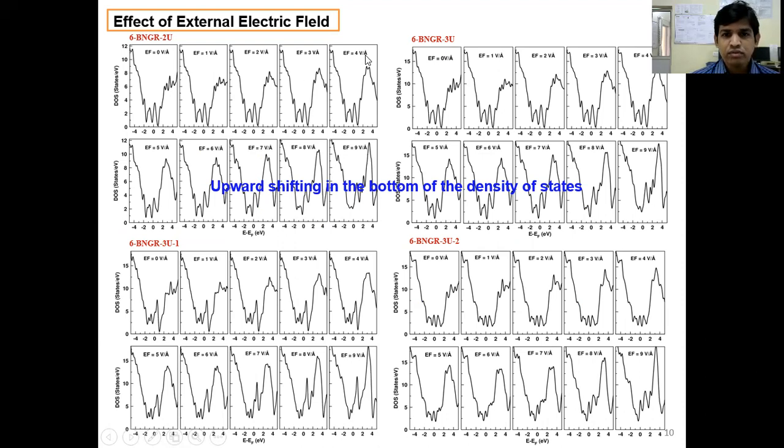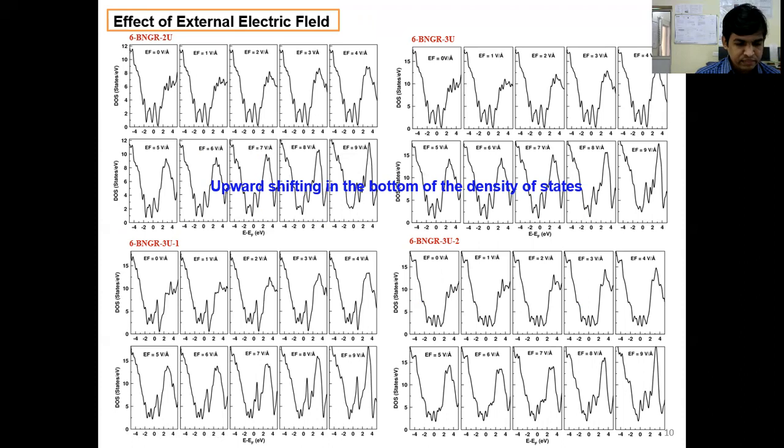Until 4 volt per angstrom, there is no change in the distribution of the electrons, but afterwards the ground state energy of electrons shows an upward shift, starting from 5 volt per angstrom, and then gradually a little variation in the bottom levels in the density of states, but the highest is observed at 9 volt per angstrom. When the density of states is enhanced, it means the lower energy is enhanced, so the electrons will respond faster to the applied field.